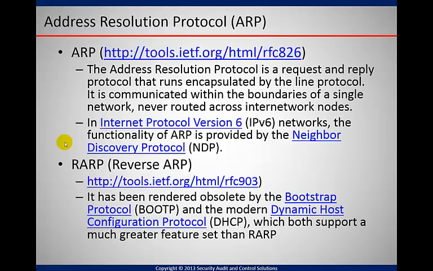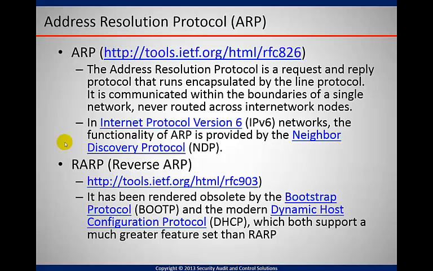When systems want to communicate on the network, they need to know how to communicate, IP addresses to MAC addresses, and this is where we have the Address Resolution Protocol, which is a request and reply protocol that runs encapsulated by the link layer protocol. It is communicated within the boundaries of a single network, never routed across internetwork nodes.